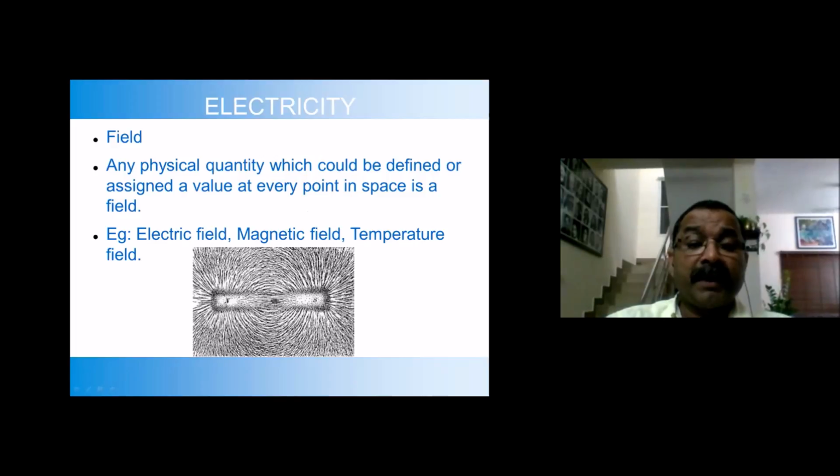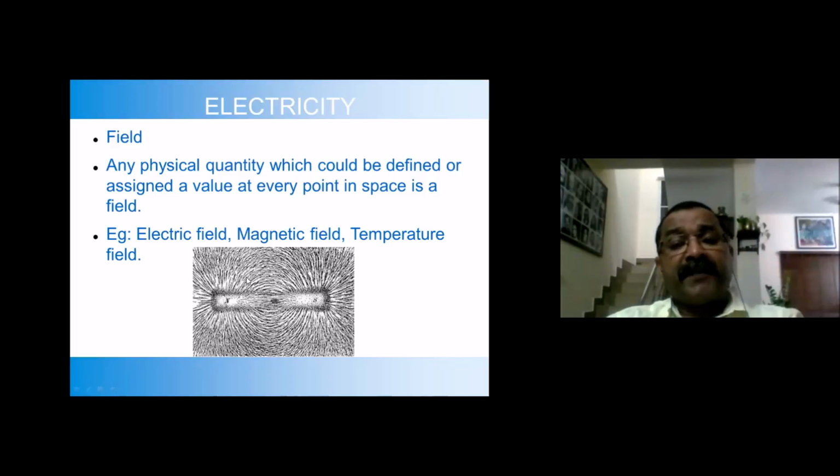In a magnet, we say that the field lines originate from the North Pole and end up at the South Pole. So if we put a magnet somewhere in the room, the space will be filled with magnetic field.